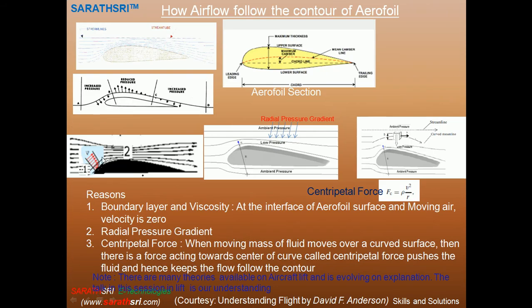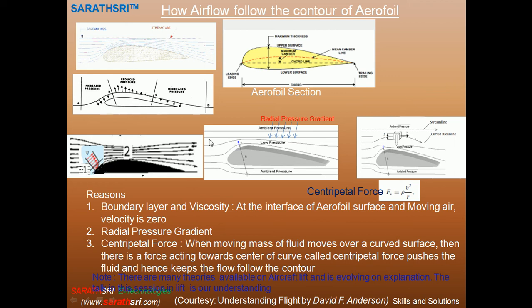Strictly speaking, the velocity should go in this direction, but it follows this direction. The reason is, one, there is a boundary layer and viscosity. In this zone, the particles come to zero velocity and stick to the surface, and in the case of a curved surface, they follow the contour.